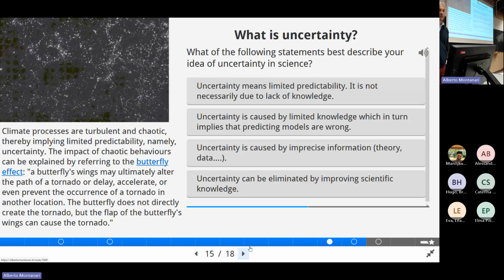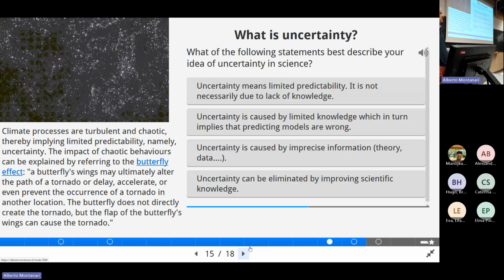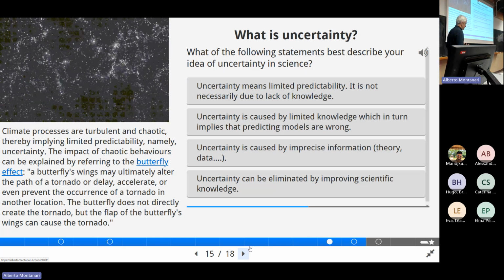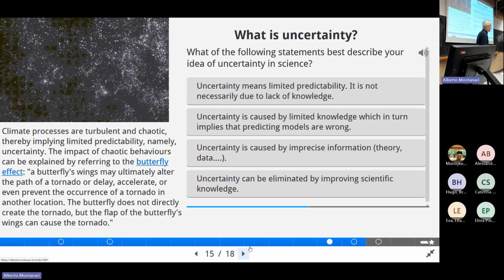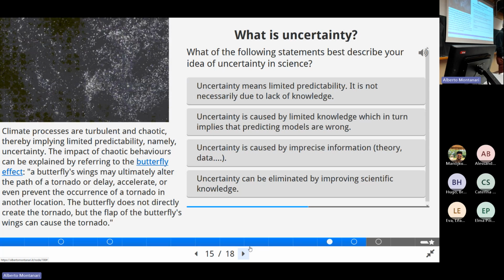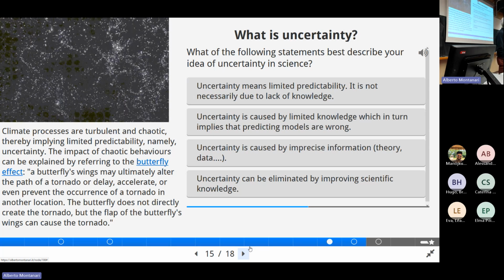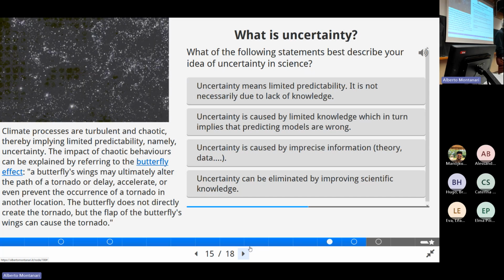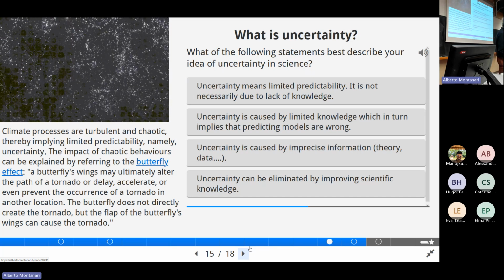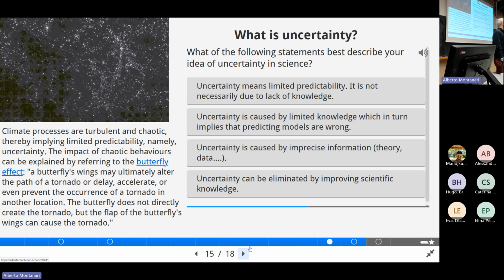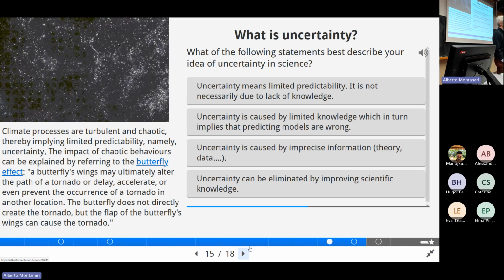So what is uncertainty? This is interesting because I started talking about uncertainty and we have a clear idea of what it is. I mean, uncertainty means that I have to take a decision and I'm not sure what decision I should take. But on the other hand, if we talk about science, we have to work with definitions. Definitions are extremely important. I think I already mentioned on Monday, sorry, I stick on definitions, but definitions are important.